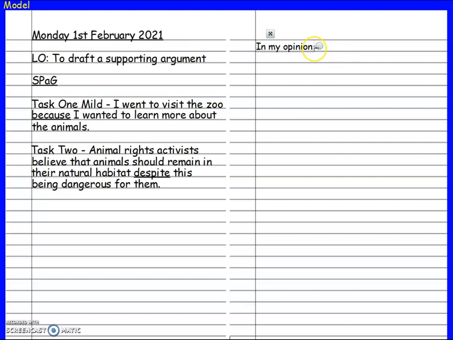So I'm going to say, in my opinion, animals are safer in captivity because, I'm going to get my conjunction in there, because they have people to care for them and protect them. Full stop.